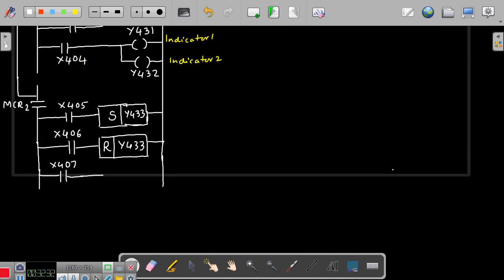So this X407 will activate the output Y434, and I should use one more rung here, that is to reset the first MCR here.